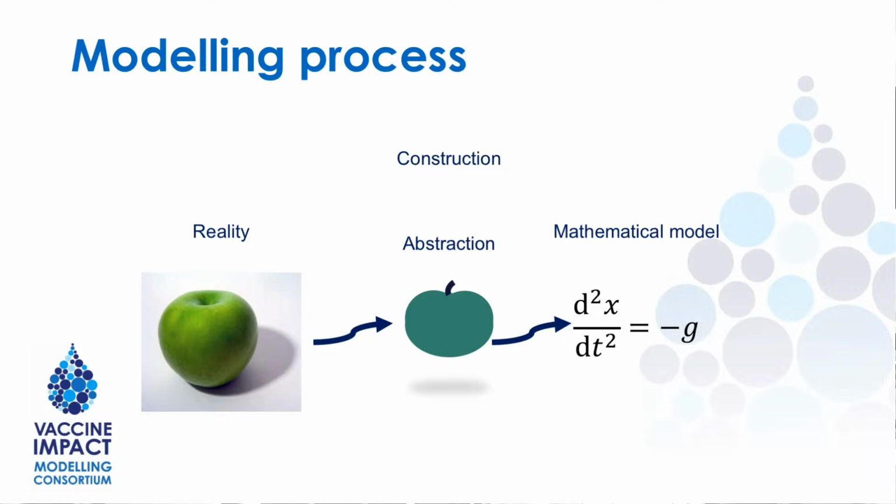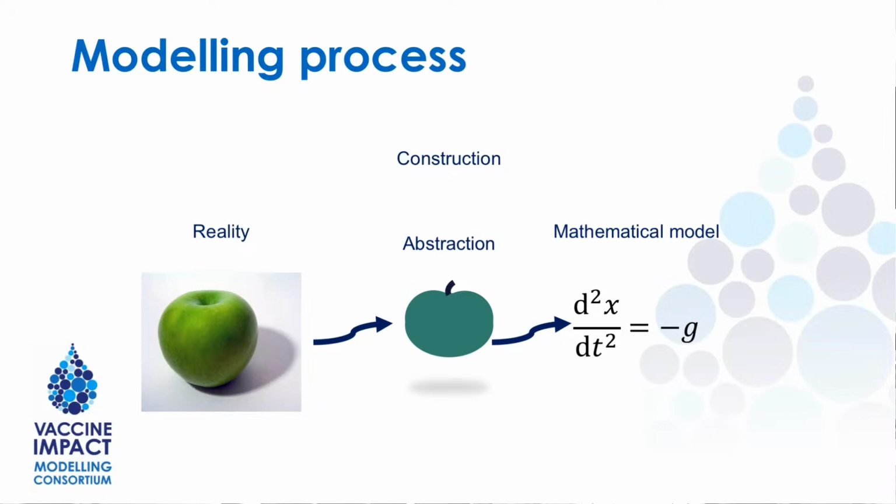So if we start with reality, we've got this apple, it's perfectly rendered, we've got an apple falling from a tree, it might be affected by wind speed or other factors that day, whether a bird flies into it, that kind of thing. But we might only be interested in when is it going to hit the ground on average. So at that point, we're just really interested in the position of the apple.